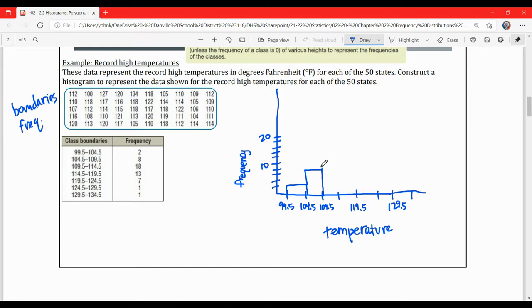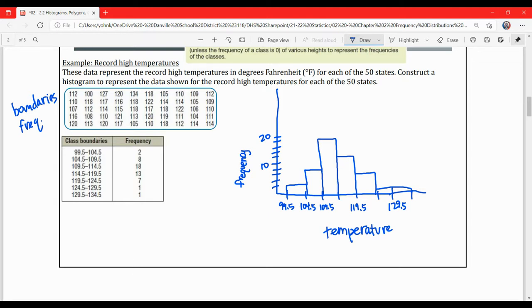You don't want one bar to be extremely fat while another bar is really skinny. 13 goes like this, and then 7, and then 1 and 1. All right, so obviously trying to make them as straight as possible, as evenly widthed as possible.